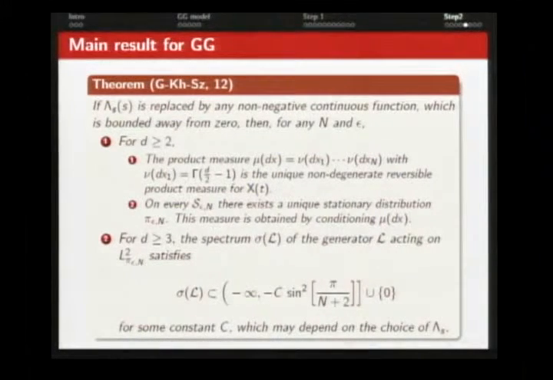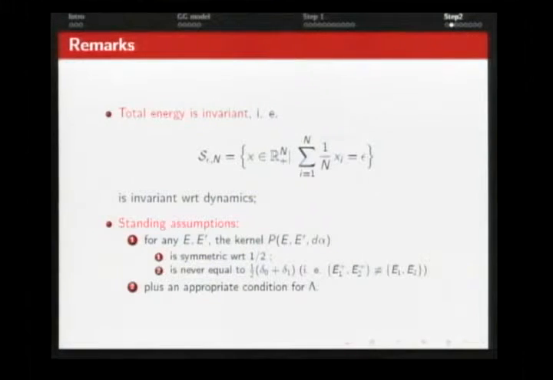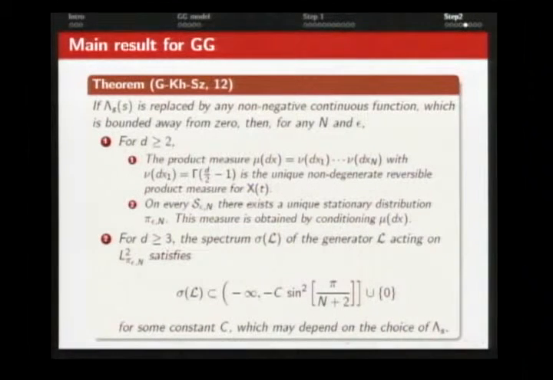We proved that there exists a unique stationary distribution. The energies are fixed for the model, so our dynamics is given on this simplex, and we could characterize these invariant, reversible distributions.